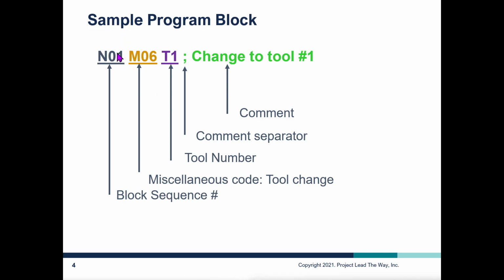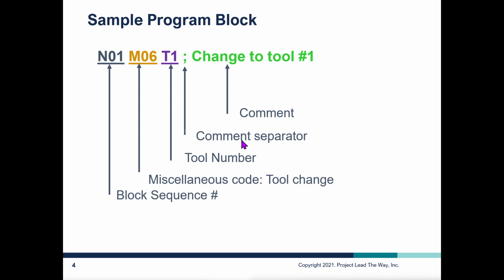Here we've got a line number. This is our block sequence number. The M code is a miscellaneous code, and it's telling the machine that it needs to do a tool change, followed by the tool number that it would like changed into. A lot of these machines will have a bank of tools and can change tools in and out as they're machining.